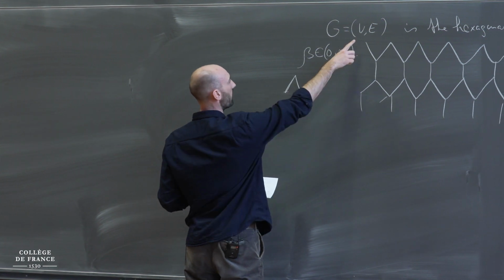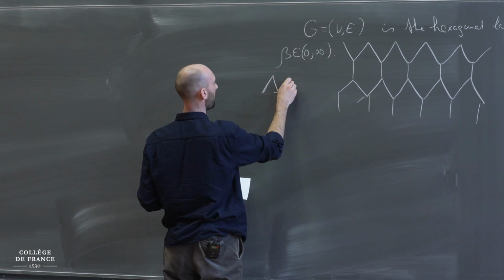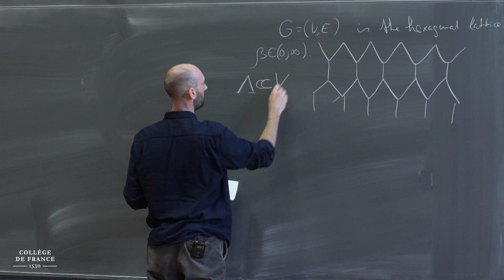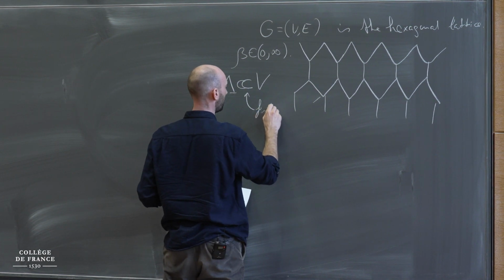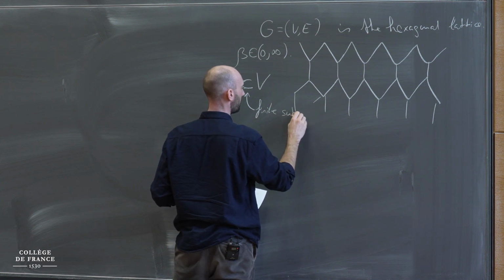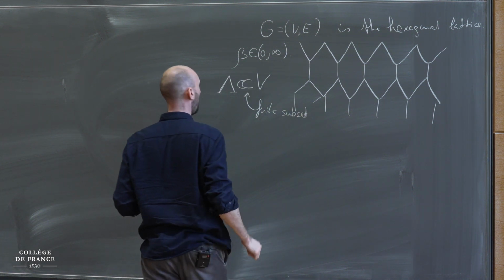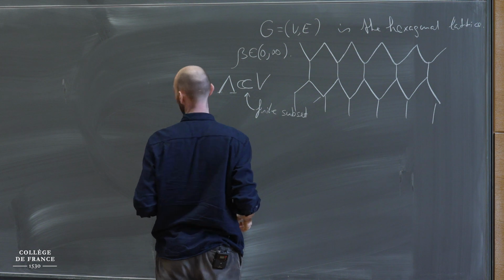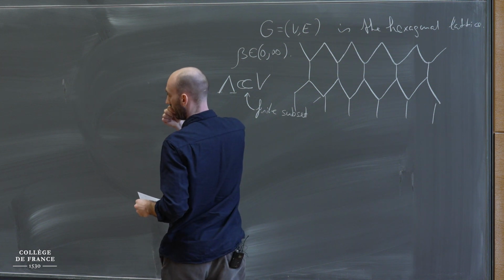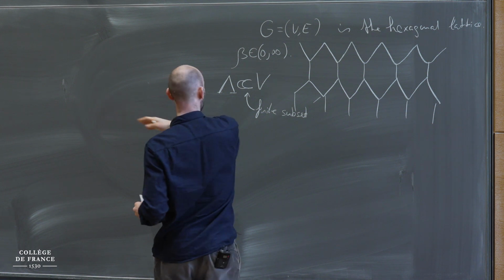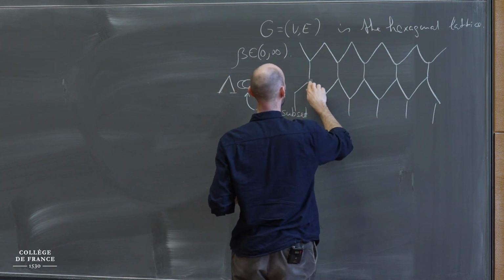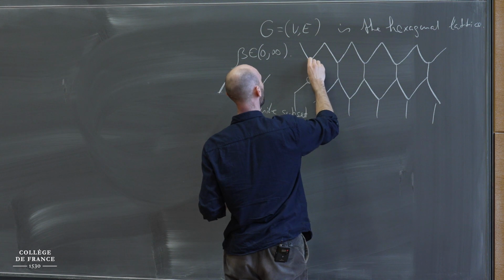I'm going to consider domains of this graph. So a domain is a finite subset of V. And I'm going to consider a probability measure on height functions. Here I defined them on the faces, but here I want to define them on the vertices of the graph.